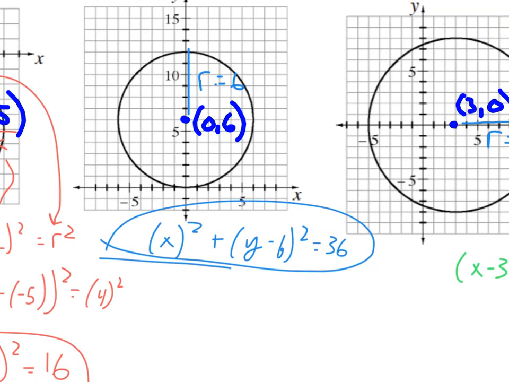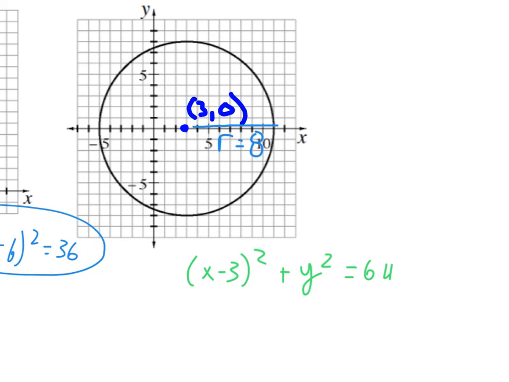I just wrote x squared right here. You'll notice that the x coordinate is 0 of the center of the circle. So you could write x minus 0 squared if you wanted to, but you can just write x squared as x minus 0 is just the same thing as x. The y coordinate is +6, so I wrote y minus 6 squared, and then the radius was 6, and 6 squared is 36.